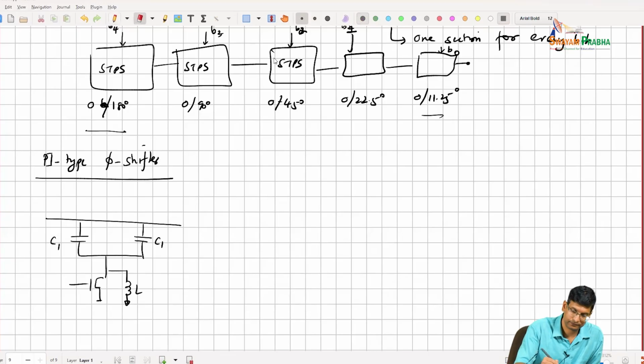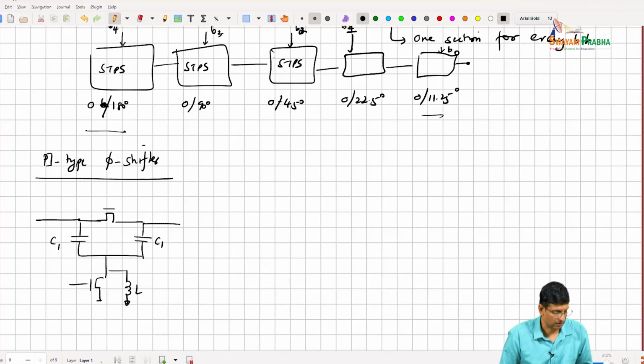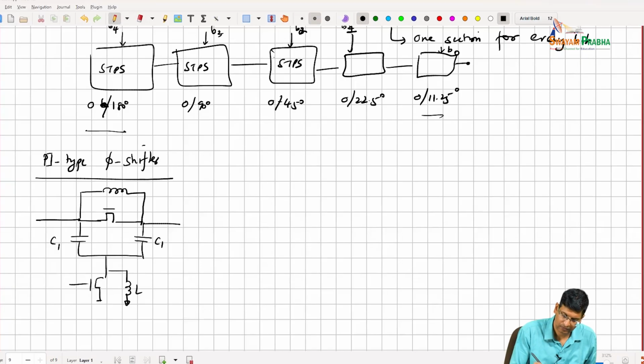So this is a switch over here, and we have an inductor over here, which is L1.